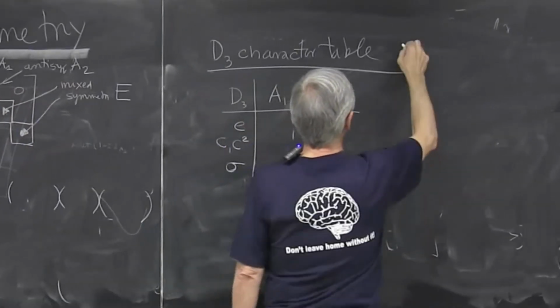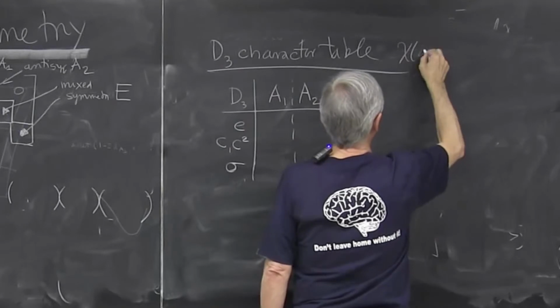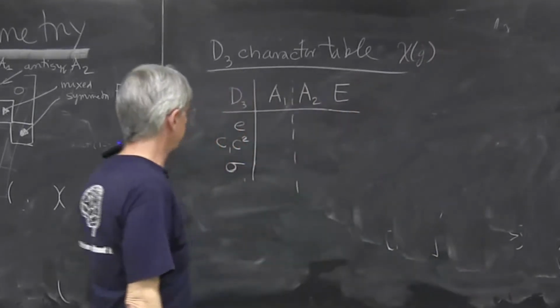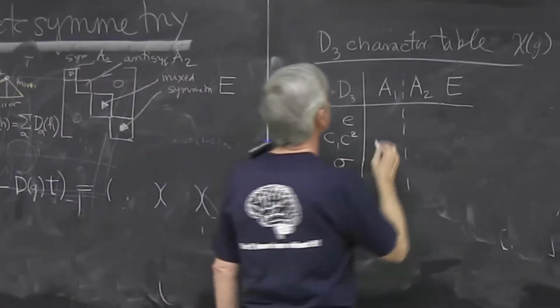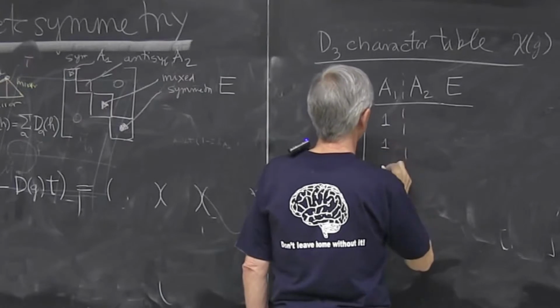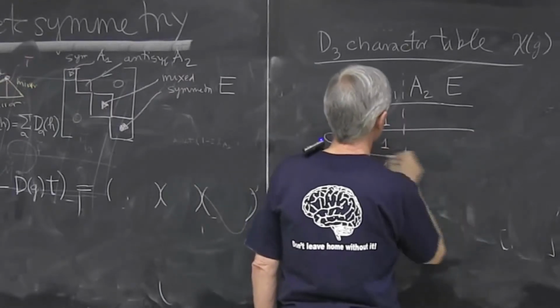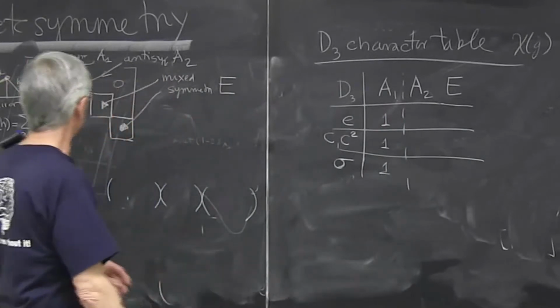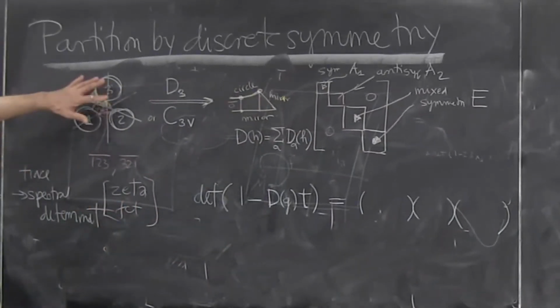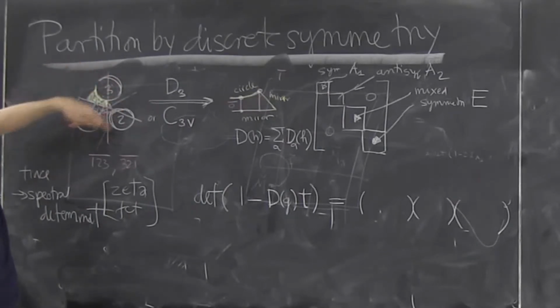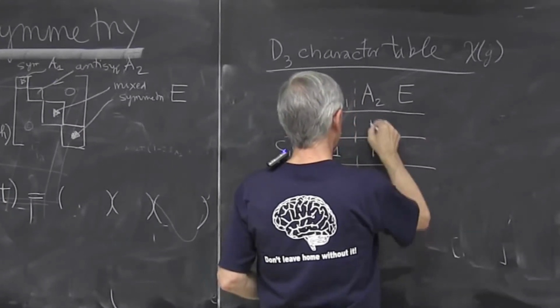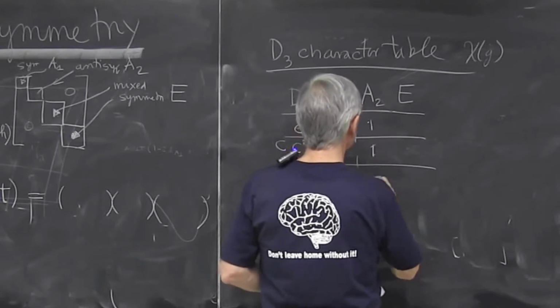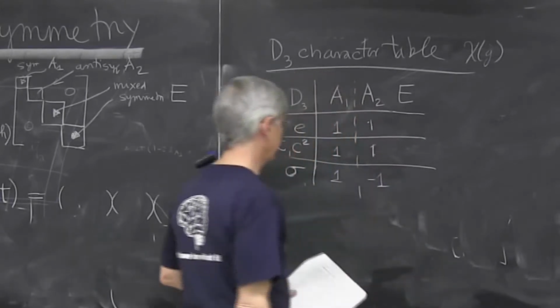And then the trace of these elements, this one is always 1 for all of them. So it gives equal weight to all the ways from which you got from your fundamental domain to the other copies of it. Then the antisymmetric one has a non-obvious property that this is -1.